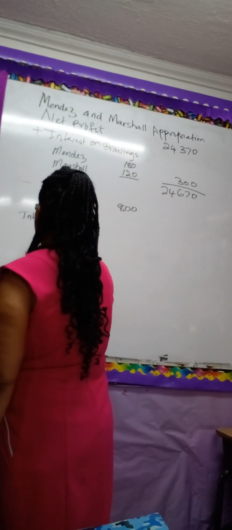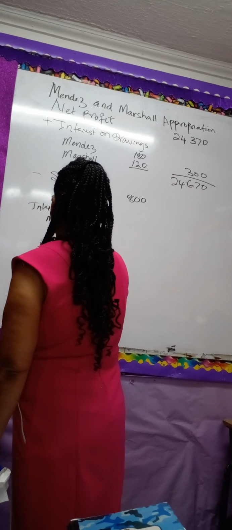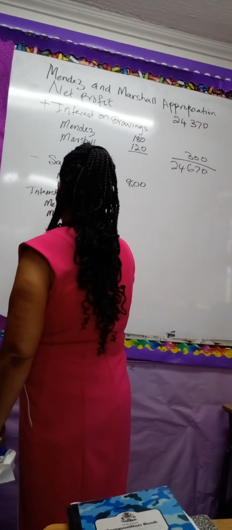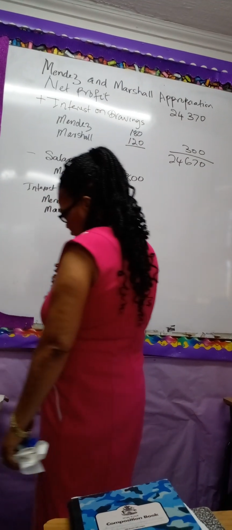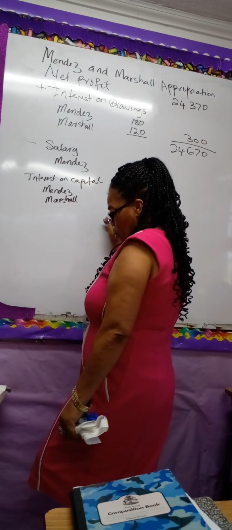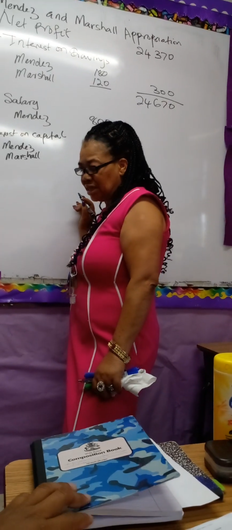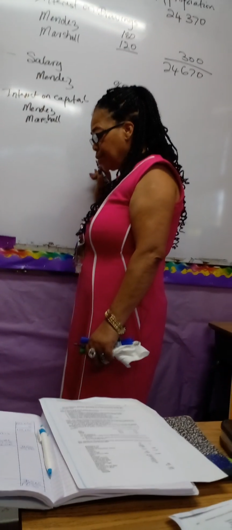Okay, and both of them are going to get interest on their capital, right? Mendez and Marshall. What was Mendez's interest on capital? You have to calculate it. What was the percentage? 10%. 10% of what?